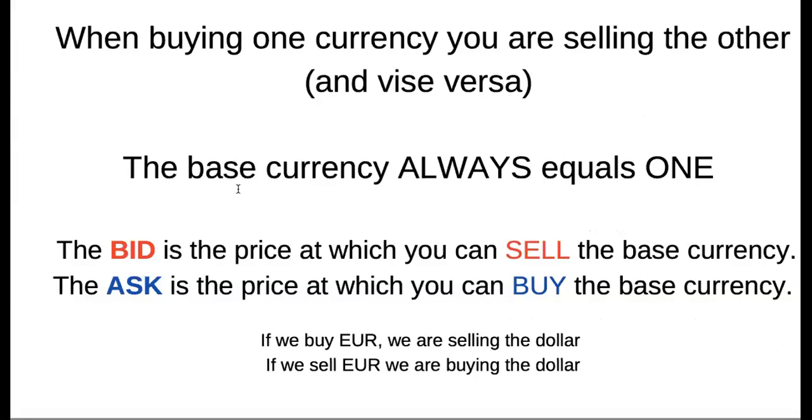If you're a person that's saying, okay, the price is going down, I'm going to get in a sale, that bid price is the price that you're actually getting. Vice versa, if you are getting into a buy, the ask price is going to be the buy. So that quote currency is going to be based on that buy price.